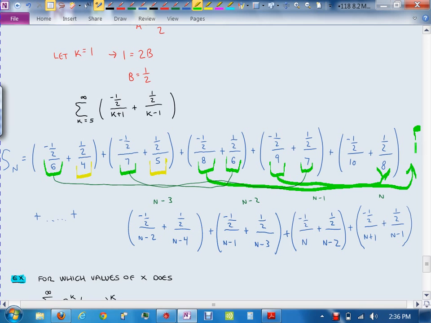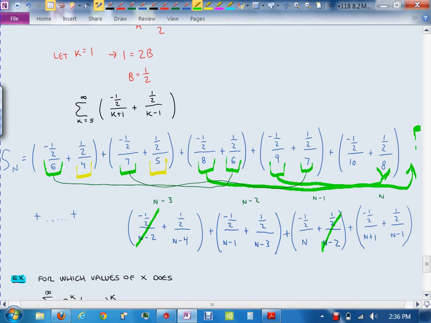The first guy kills off the second guy 2 terms away. So let's go down to the bottom here. This first guy should kill off the second guy 2 terms away. That one right there. So this guy and this guy cancel.